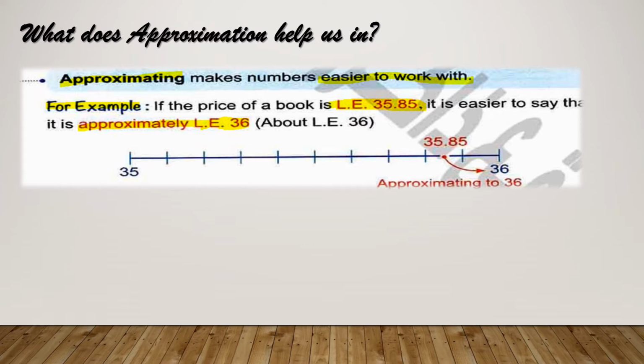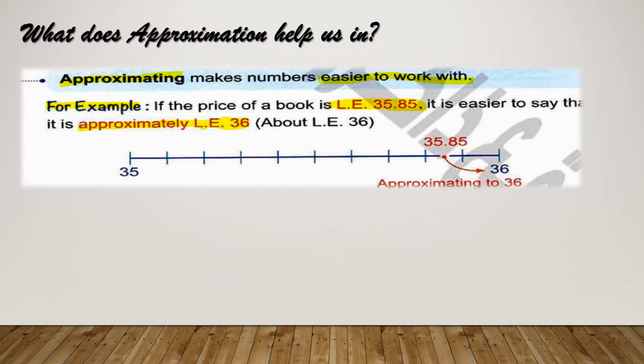So I went to the store and I chose a book about mathematics, and I love the book, and I want to buy it, and the book is $35.85. I went to the cashier and paid him $35, and I still need to pay him 85 cents. Am I going to keep counting 85 cents?